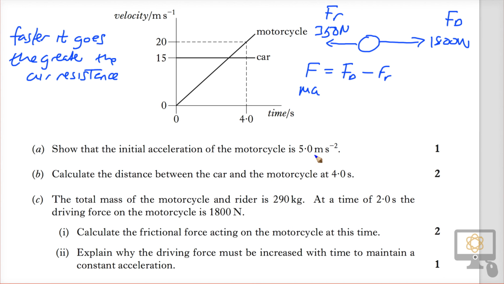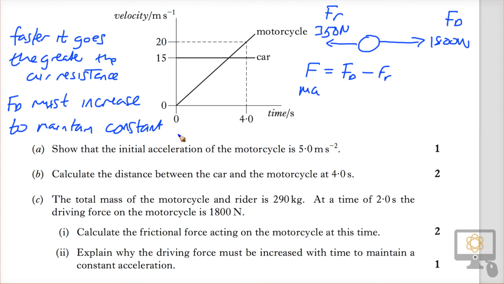So probably the way I would write that would be to say that the driving force, or FD, must increase to maintain constant unbalanced force. And that would allow us to get the full mark.